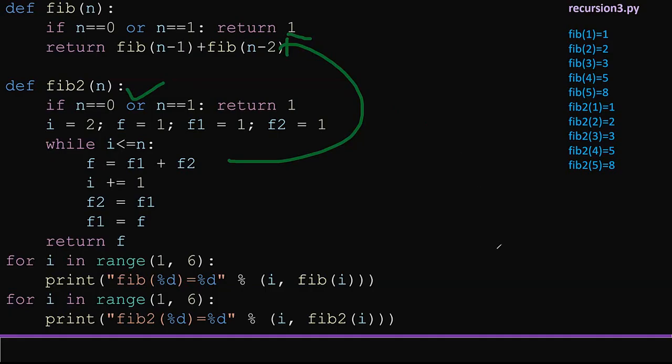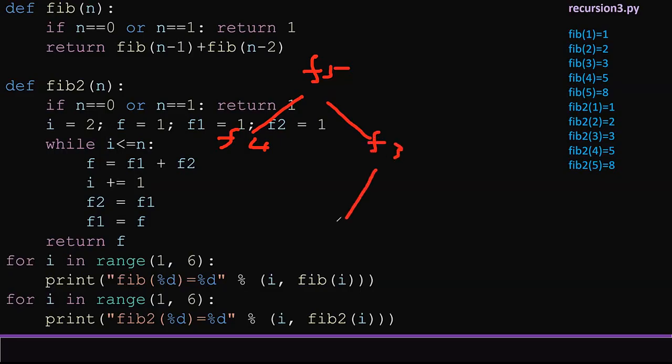Let me show you the complexity of these two. If you have a Fibonacci function and you use this recursive code, you will have F5 calling F4 and F3. F3 calling F2 and F1. F2 calling F1 and F0.